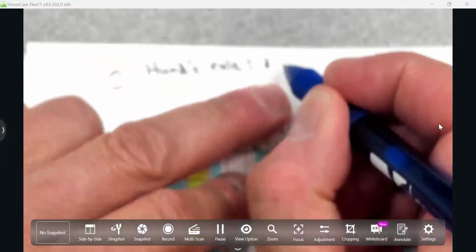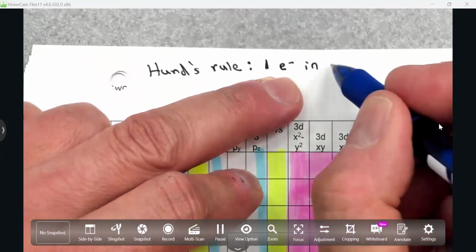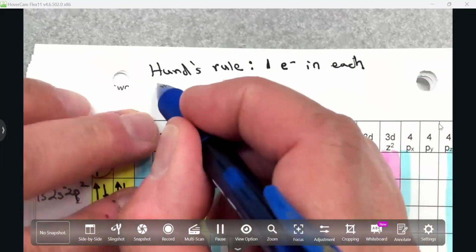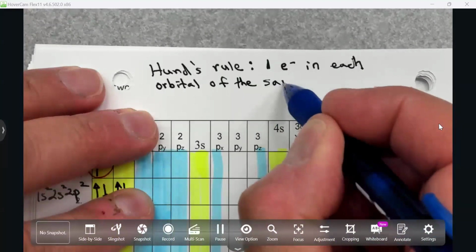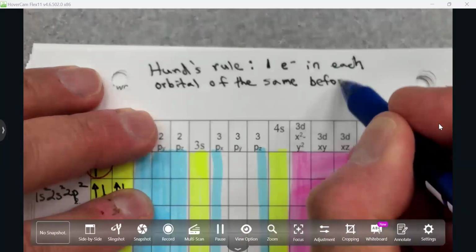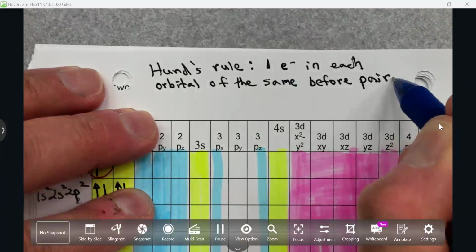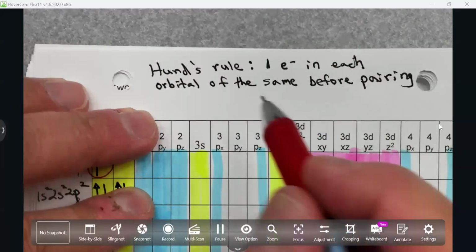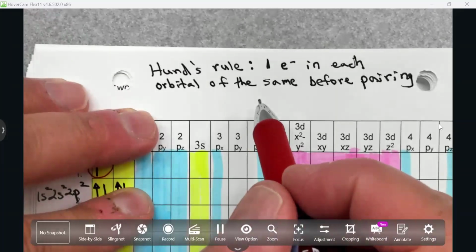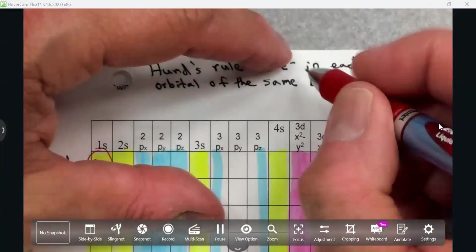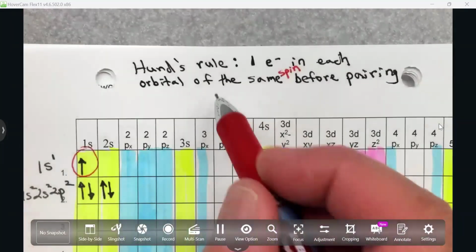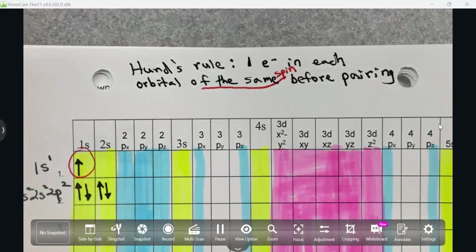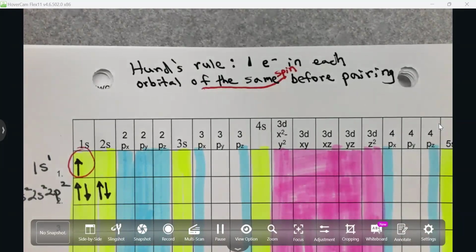You put one electron in each orbital of the same spin before pairing. So that's Hund's rule: one electron in each orbital of the same spin before pairing.